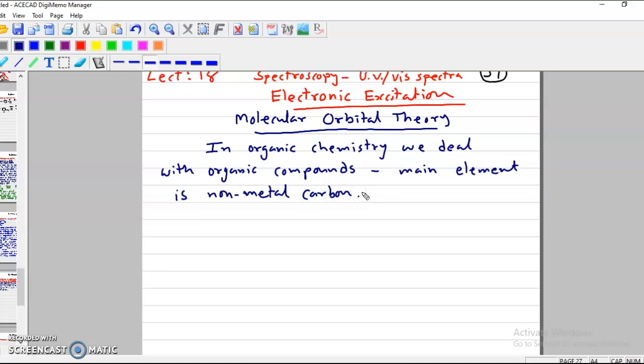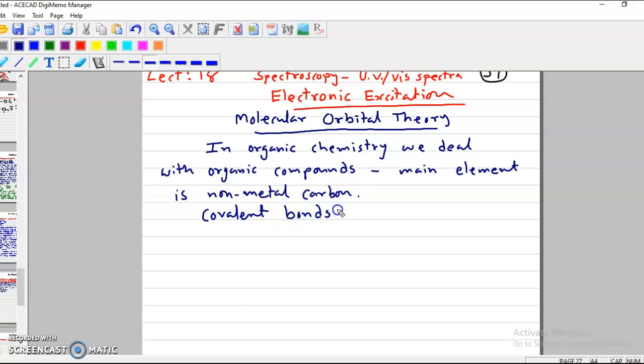Carbon combines with hydrogen, oxygen, nitrogen, etc., and they are all non-metals. When non-metals combine with each other, they form covalent bonds. So organic chemistry is mainly related to covalent bond chemistry, and organic is also known as covalent chemistry.